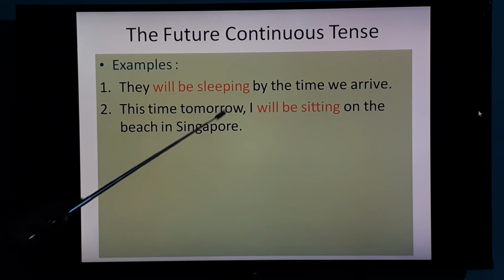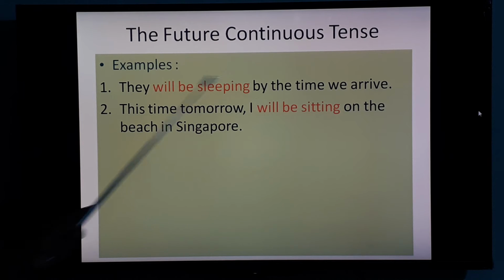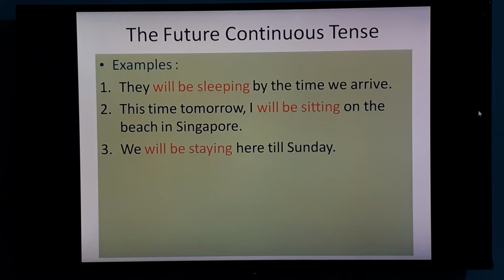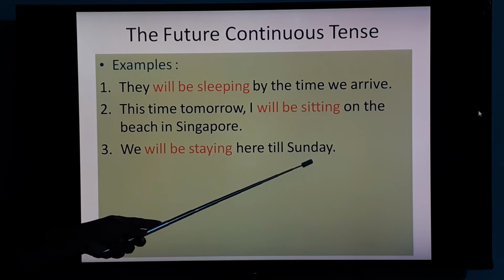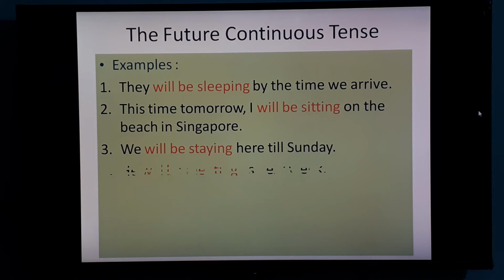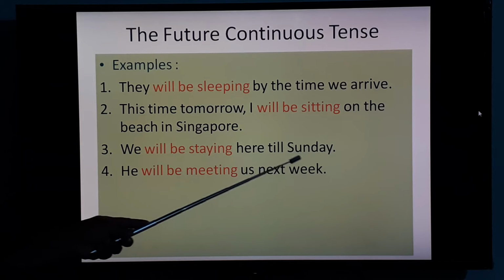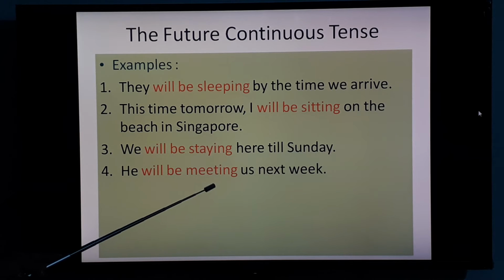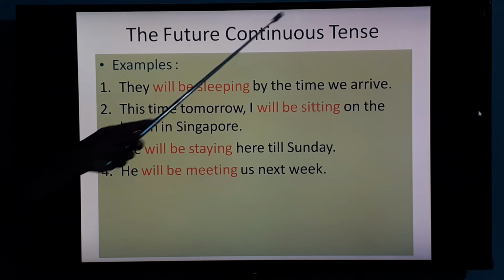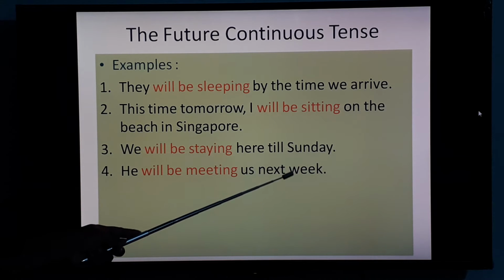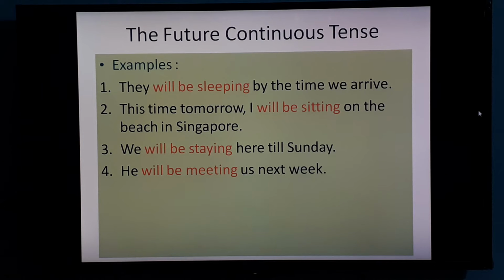This time tomorrow I will be sitting on the beach in Singapore. We will be staying here till Sunday. He will be meeting us next week. So will be meeting, that shows future continuous tense, and next week, that is an adverb.